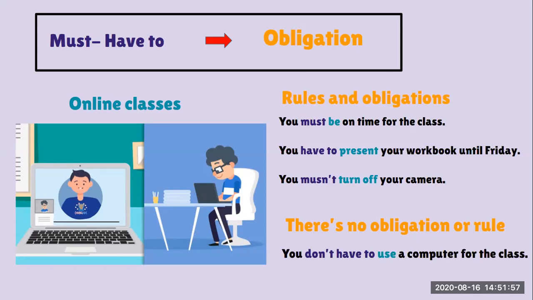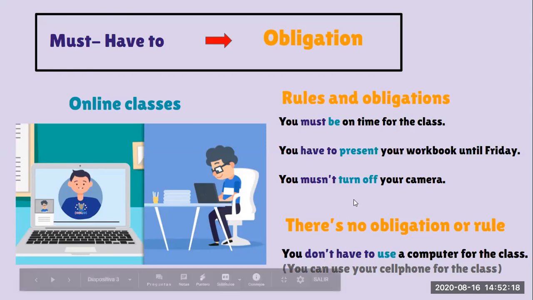Okay? It's not necessary for you to use a computer for the class. So you can use your cell phone for the class. Okay? When there is no obligation or rule, we can use you don't have to. It's not necessary. Okay? Let's move to the next modal verb.